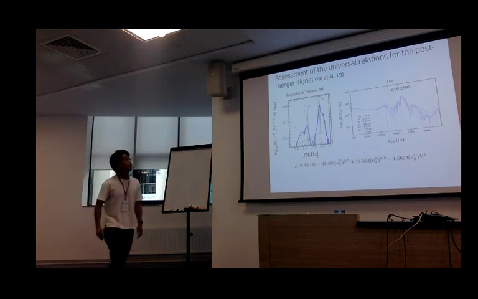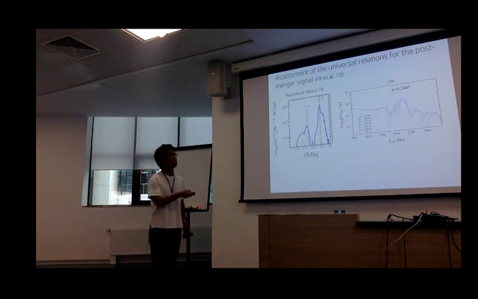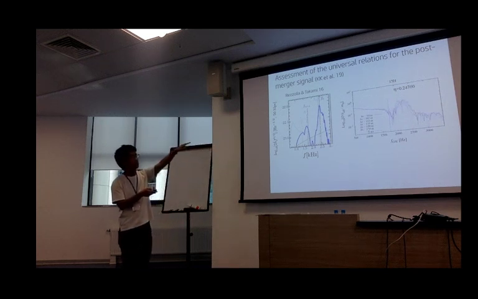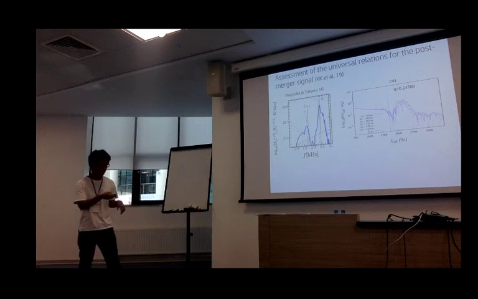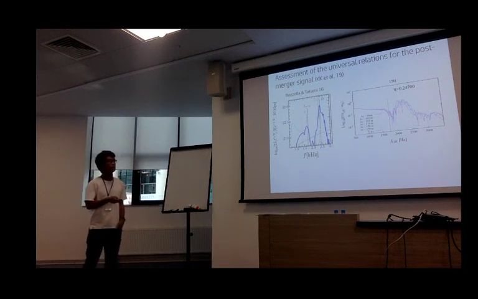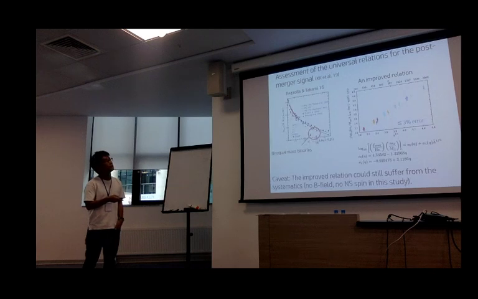However, if you decrease the mass symmetry, something like this, where eta is the symmetric mass ratio, this means that you increase the asymmetry of the masses. The F1 peak disappears. Again, let me show again.